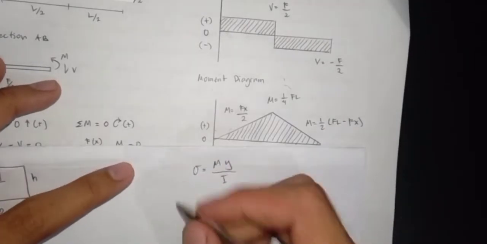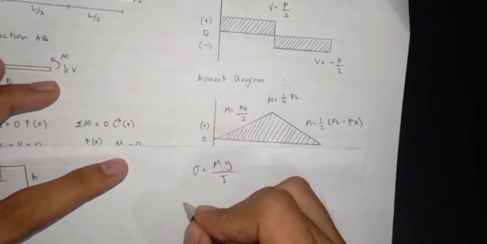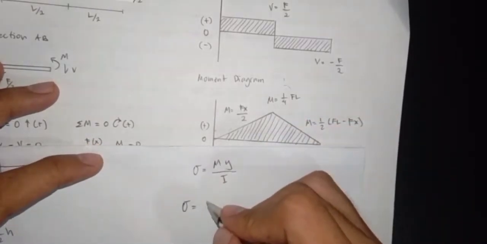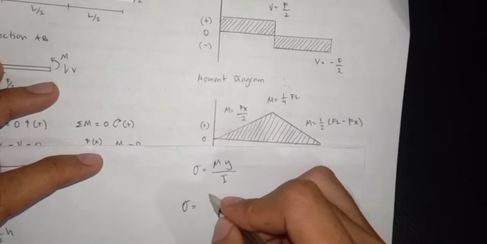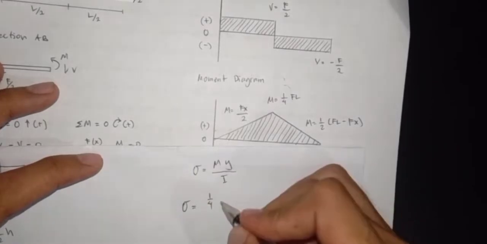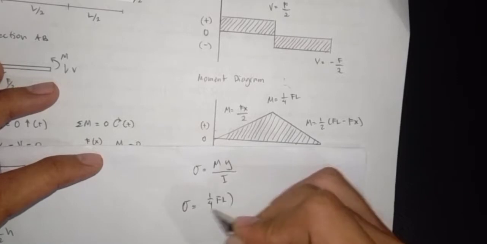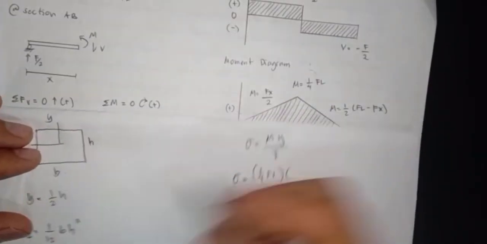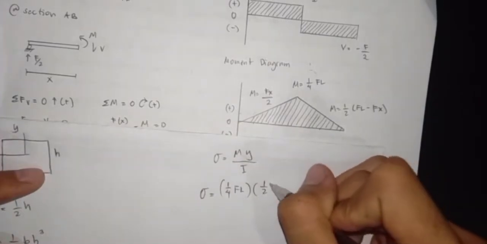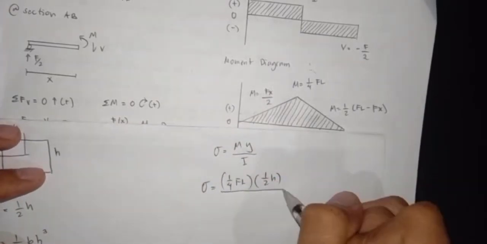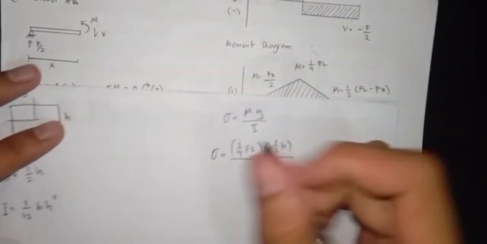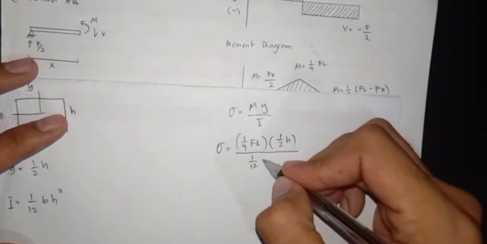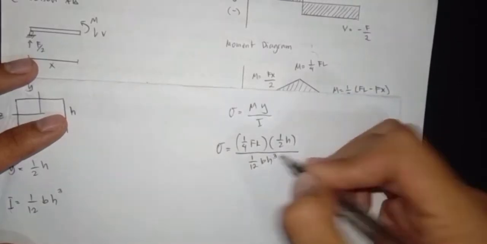So by substitution in the formula, ang value ng maximum moment natin is 1/4 FL, and then the value of the y, which is the 1/2 times height, all over the area moment of inertia natin, yung value niya is 1 over 12 base times height to the third power.